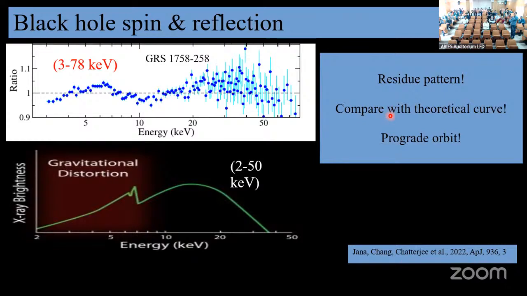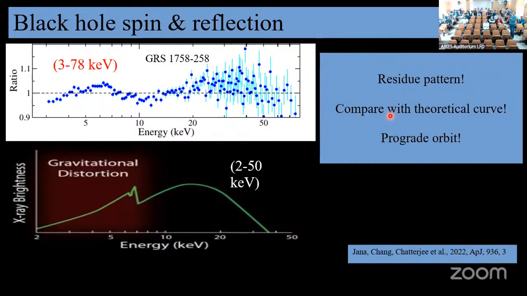If both of them are moving in the same direction, the black hole is moving in this direction and the accretion disk matter is also moving in the same direction, it will be a prograde orbit. You can encounter retrograde only when you have Roche-lobe overflow from a wrong direction, mostly from winds. If you consider Roche-lobe overflow through the L1 point, then it is most likely to become a prograde orbit.